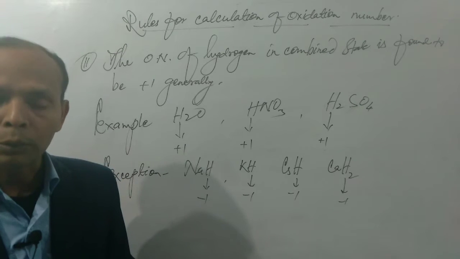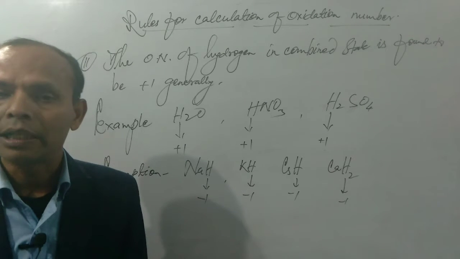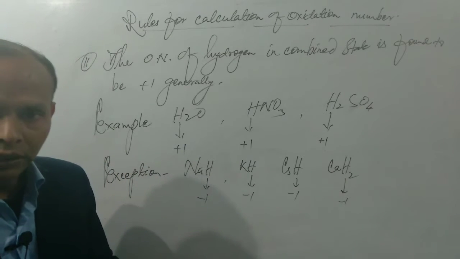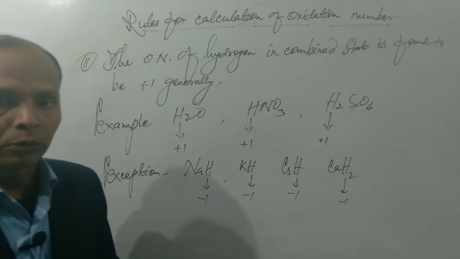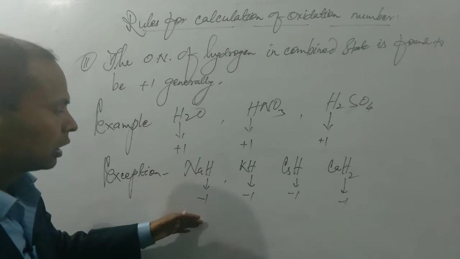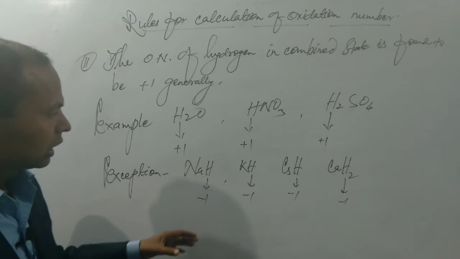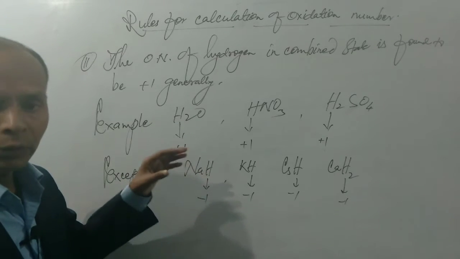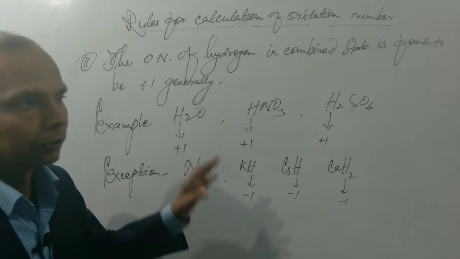It means the sum of the oxidation states of different elements in a molecule is found to be 0. By applying such a rule, the oxidation state of sodium is +1 and hydrogen -1. So, the sum of the oxidation states of these two elements in sodium hydride is found to be 0.